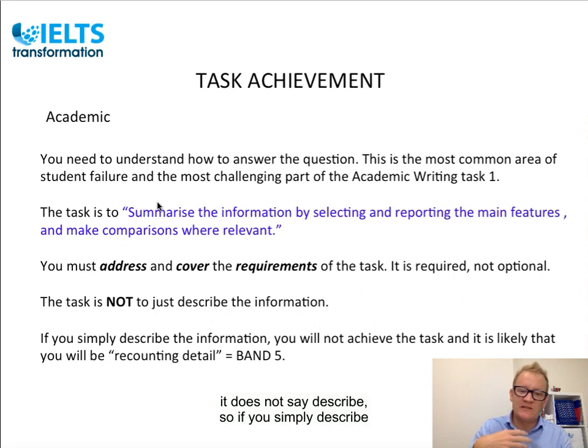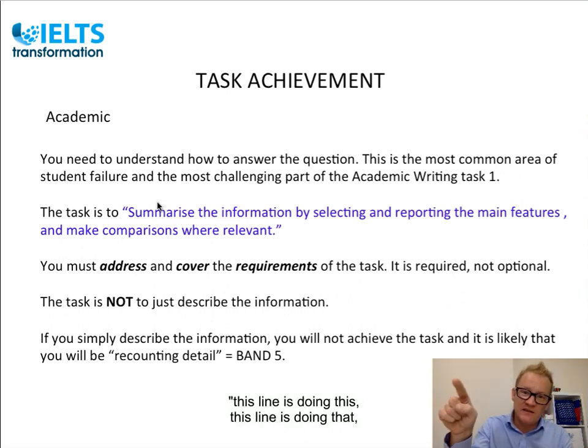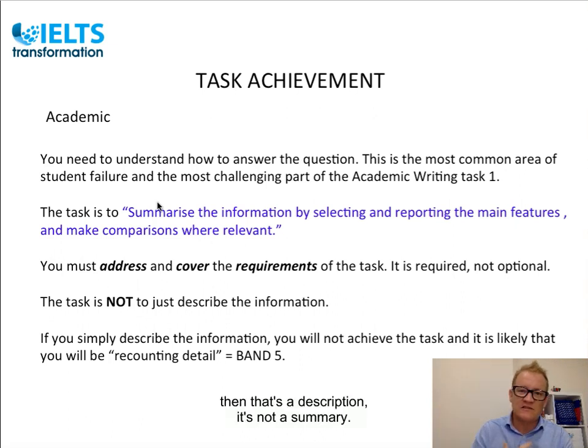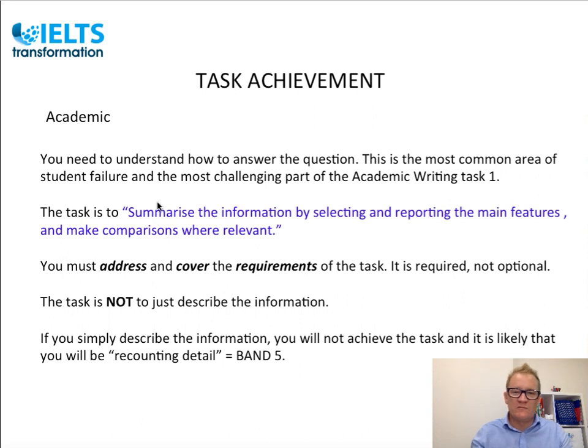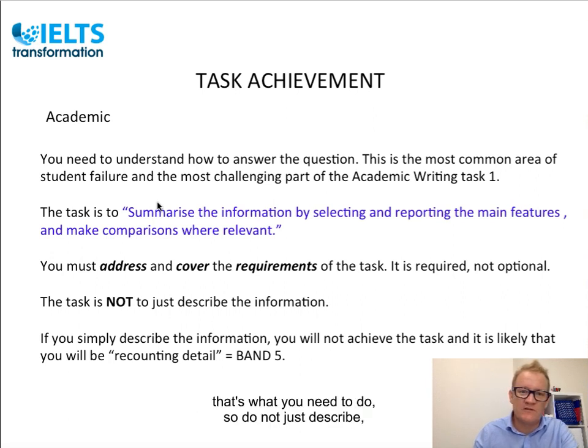So if you simply describe the information, if you say, well, this line is doing this, this line is doing that, this line is doing this, then that's a description. It's not a summary. A summary is when you look at all the information and take the main ideas and present them. That's what you need to do.